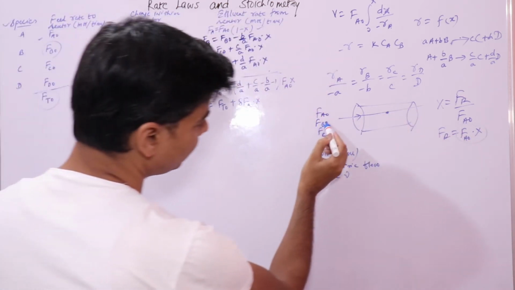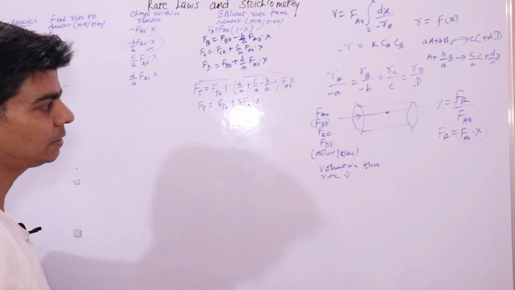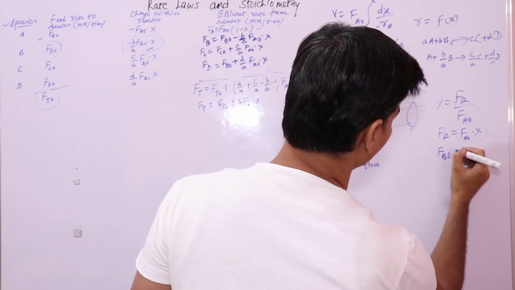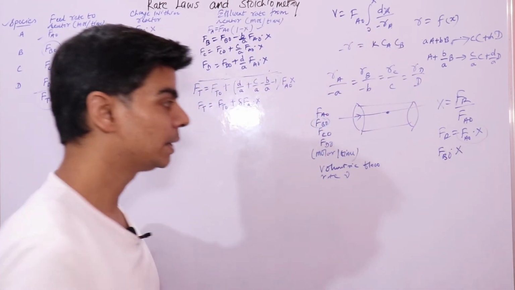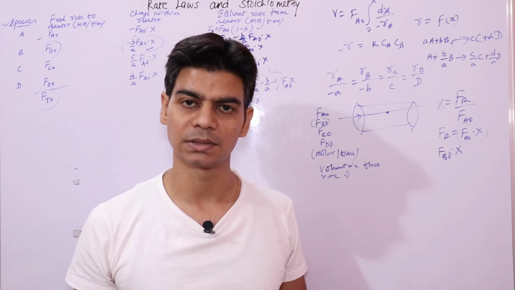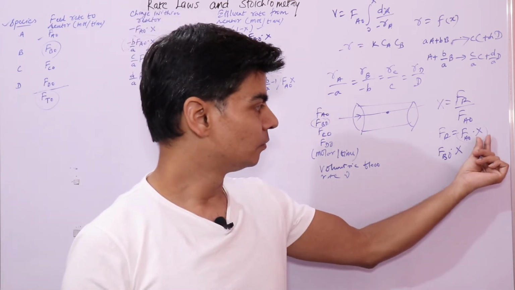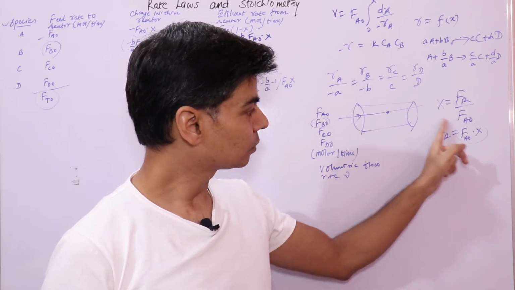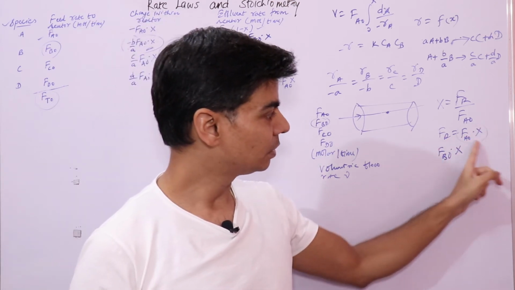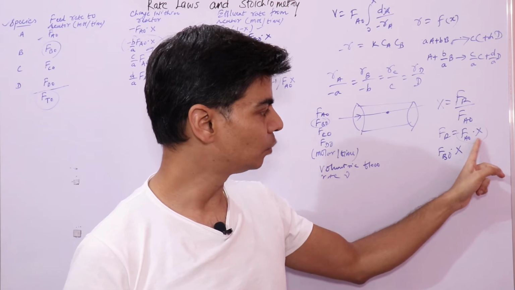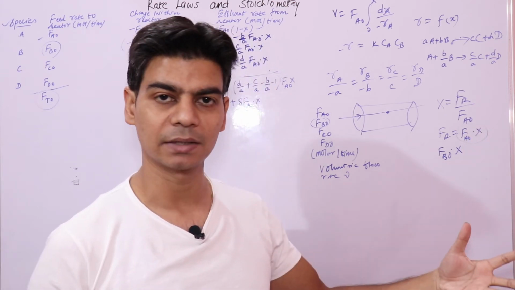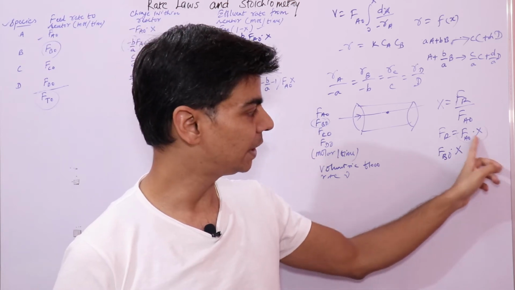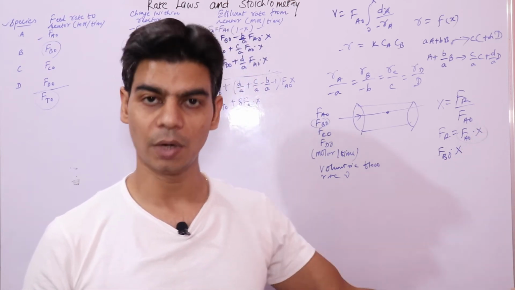Now, if you want to find B, how much of B has reacted? This would be Fb0 dot x, right? Because x is on a per mole basis. For every 1 mole of any reactant, x is reacting. So if the total moles is Fa0, how much will react? We multiply it with x, because x is for 1 mole.